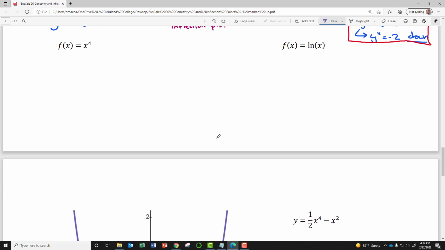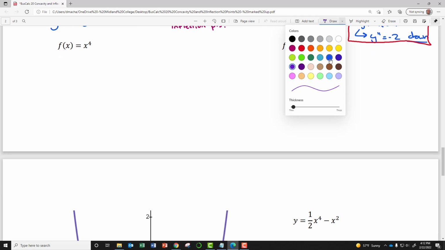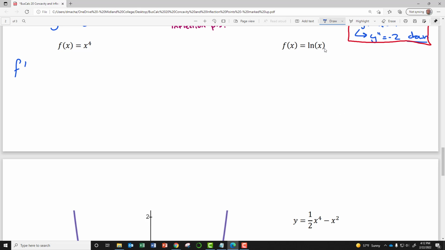Okay, new example. Let's look at this point. And if I take the first derivative, this will be 4x to the third. If I take the second derivative, this is going to be 12x squared.